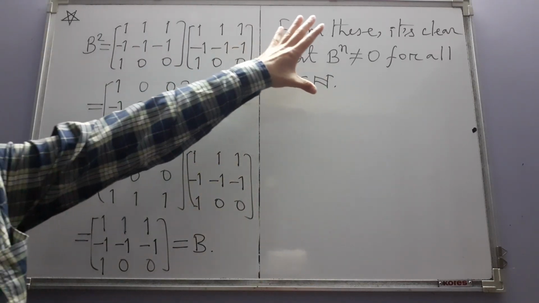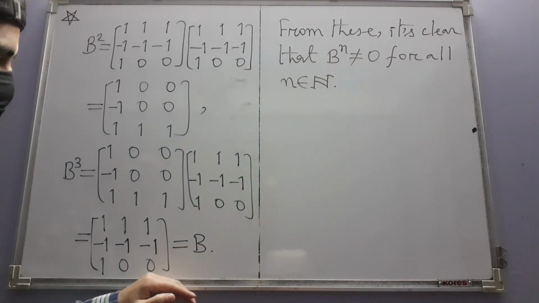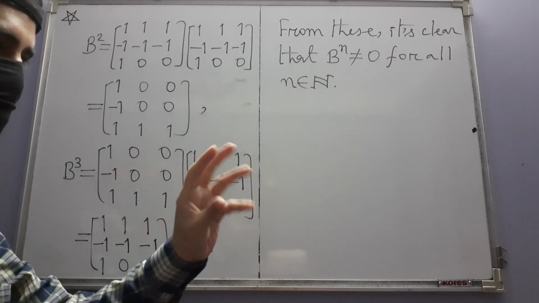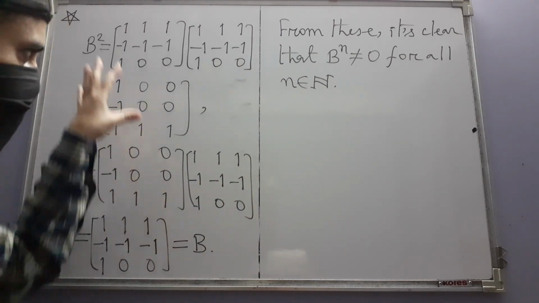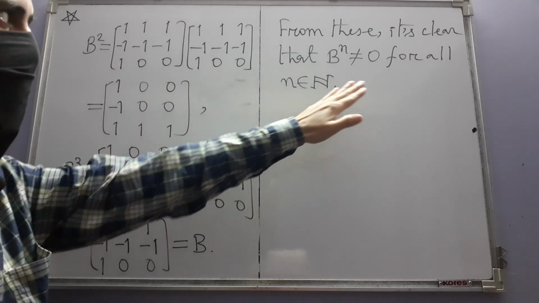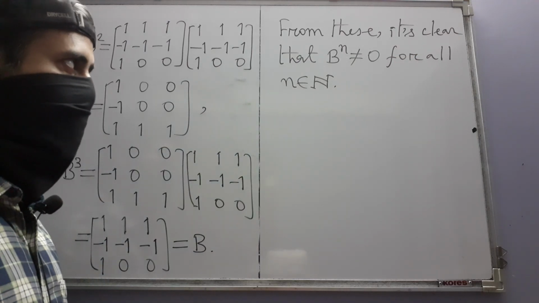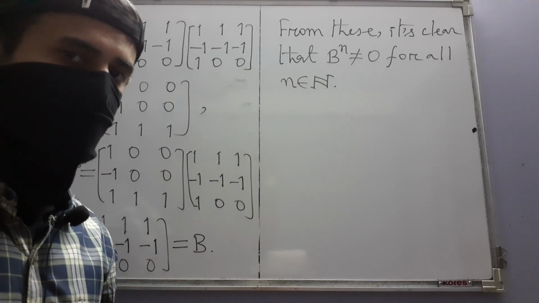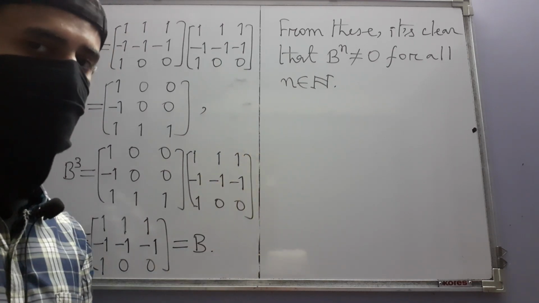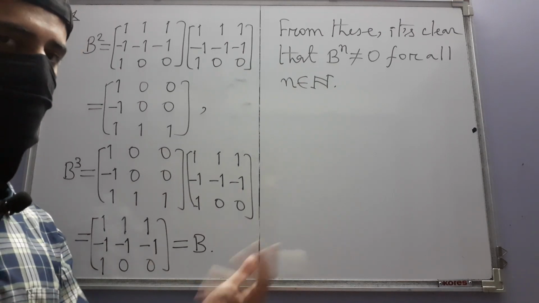If this part does not really look very satisfactory to you, I ask you to come up with a small argument where you use these calculations and show rigorously that this cannot be true, say by assuming that B to the power n is actually equal to 0 for some positive integer n, then arriving at some kind of contradiction. But I don't think I need to do that.